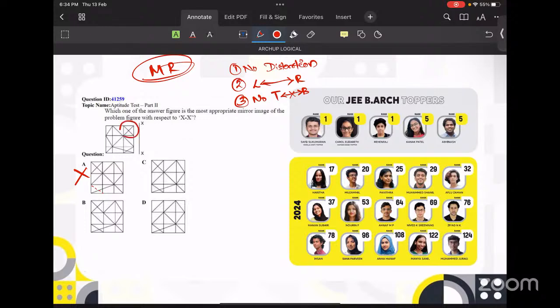This particular one should go to the left. C okay, B okay, D missing. Now the doubt is between B and C. The question has been reduced to B and C. This particular line will go to the left and this particular line will come to the right. Between C and B?